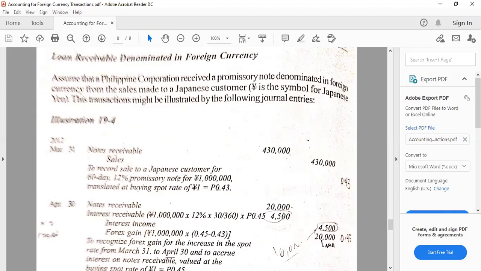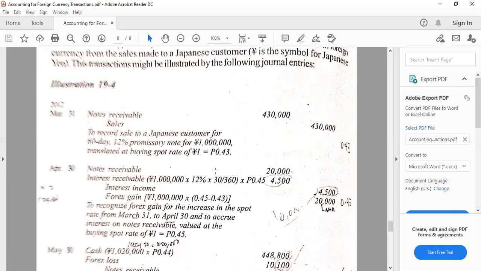So the peso indeed is more powerful than the yen in this situation. Just a tangent point of view about this: if this is accounting, we just have to follow whatever the rate is. So that's how simple it is. But that could be a financial management perspective under multinational financial management.